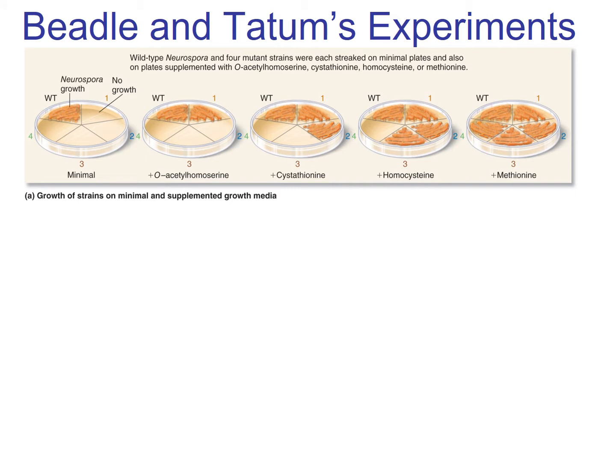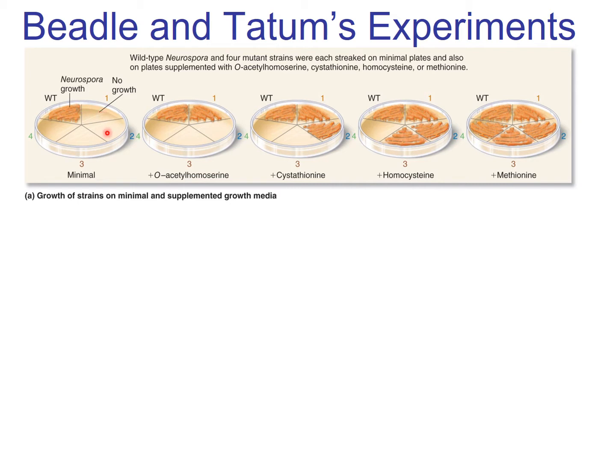So here's a schematic of their experiment. Here we have a minimal media plate, and wild-type Neurospora grows just fine on that. Now they had sorted all these mutations into 4 groups, presumably by complementation analysis, which we talked about earlier in the semester.